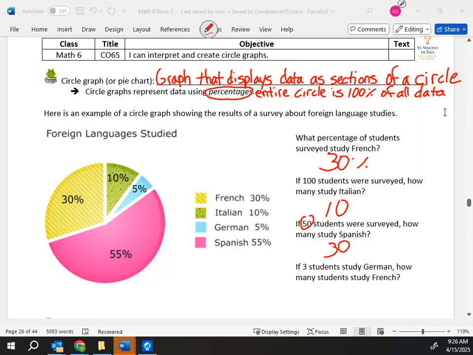Ooh, I like your thought process. So what she said was, okay, 55% spoke Spanish out of 50, so she divided 50 by 2, divided it in half, because 55% is a little bit more than half. So she got the 25, and then she said, okay, I've got that 5%, so I'm just gonna add 5.